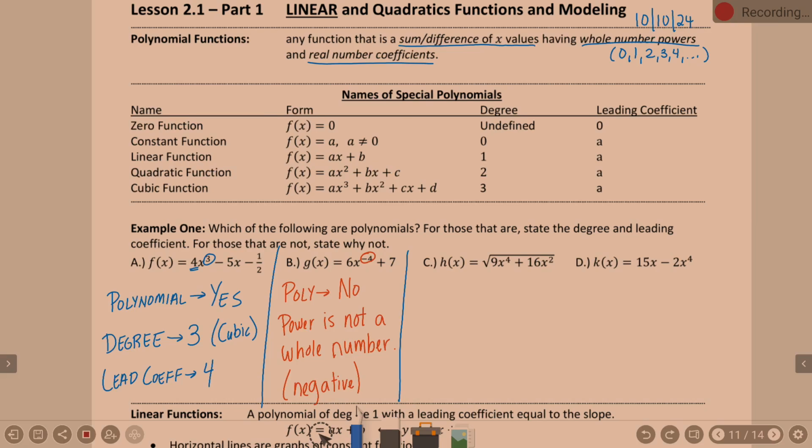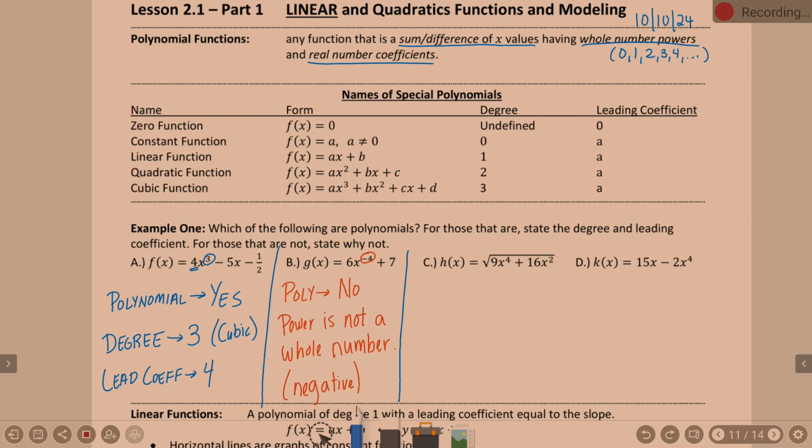Okay. C. H of x equals the square root of 9x to the 4th plus 16x squared. I think so. This is a polynomial. Why? I don't think it's exactly divided.